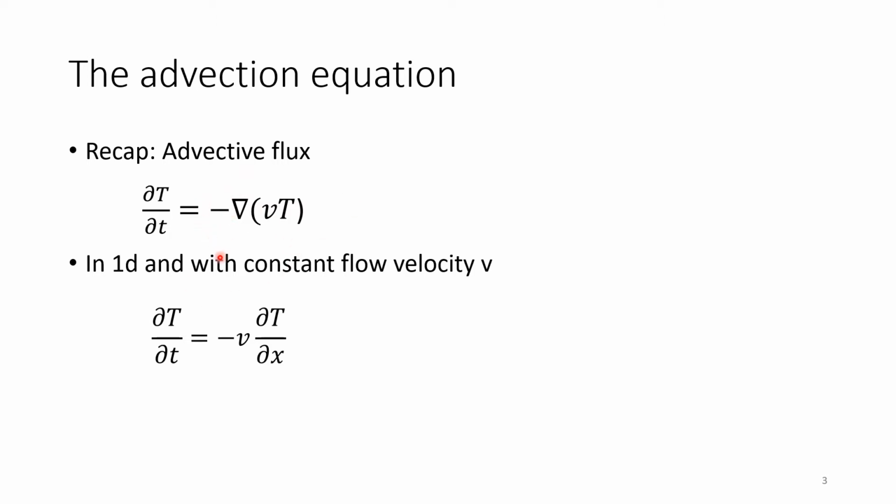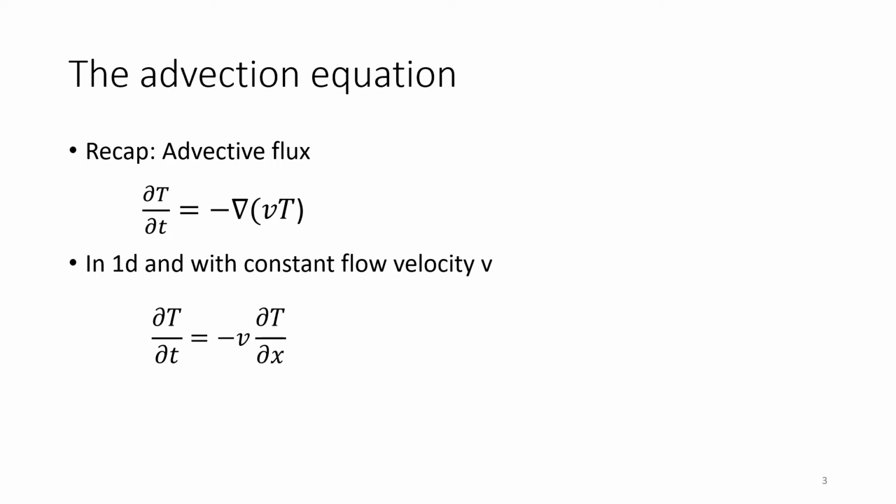Now I can even simplify this to 1D, and I can also assume that my velocity is constant, so I'm taking that out of the derivative, and then I simply have the change of temperature over space. This is a very, very simple equation, and all the problems that occur with the numerical simulation of advection already occur in this simple 1D case.